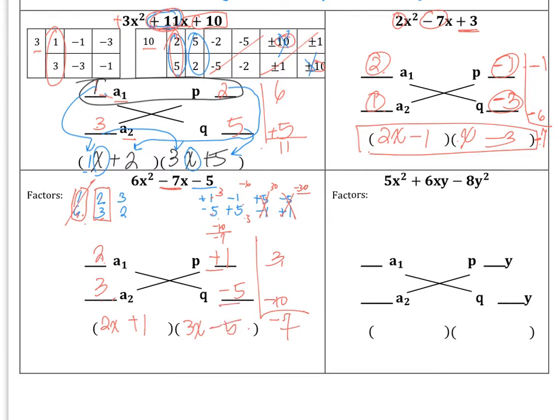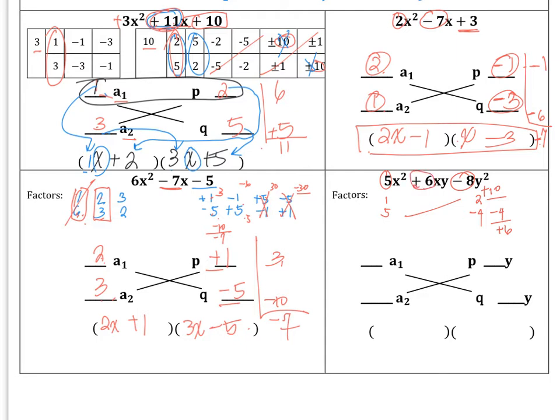Okay, I'm going to do this a little bit more quickly now. 5 only has 1 and 5, and for negative 8, I'm going to have to consider 2 and negative 4. Okay, and then I noticed that when I cross multiply this, this would be positive 10, and 1 times negative 4 makes negative 4, and positive 10 plus negative 4 makes positive 6, which is your coefficient in the middle.